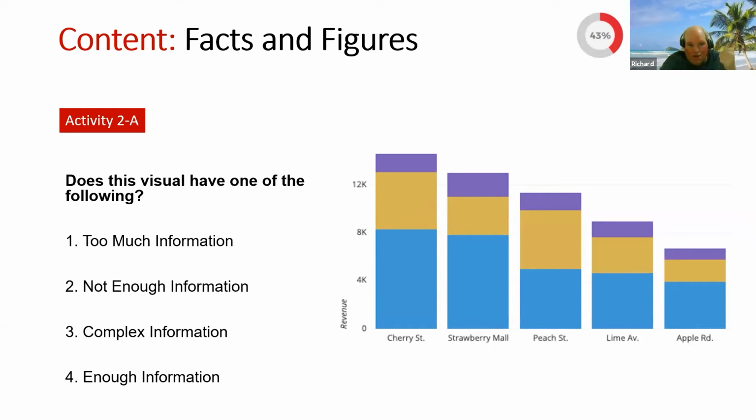Too much, not enough, complex, or enough. Can anyone answer that question in the chat box? If you wish to just pop in number 1, 2, 3, or 4. Please do that, so I know that you're still alive and awake.